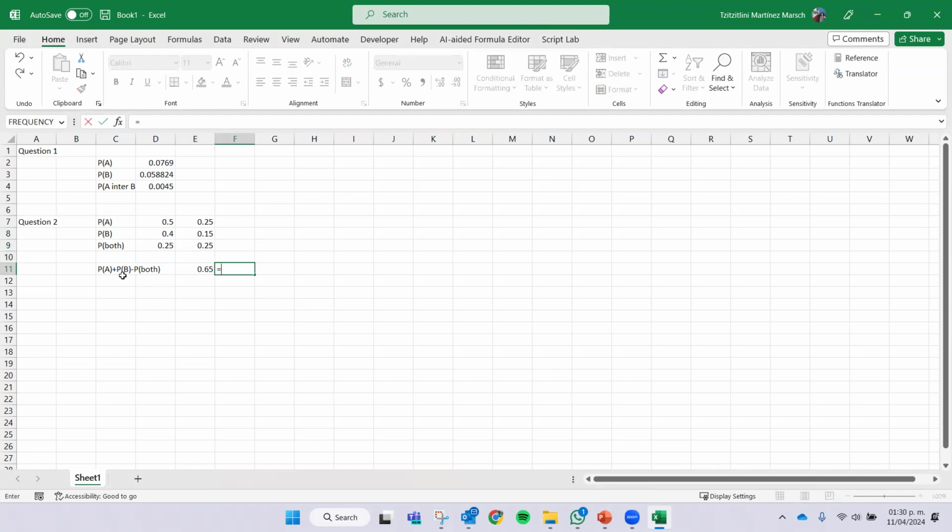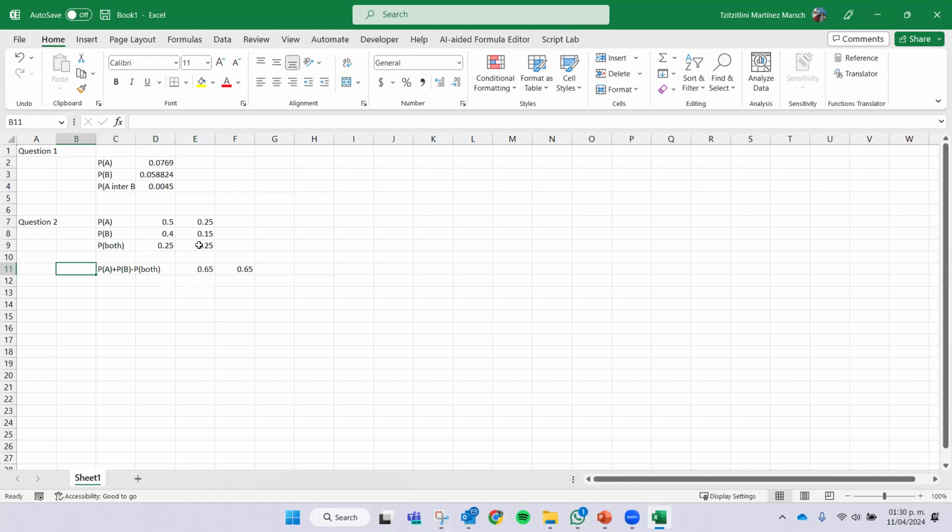If I sum that up, it's exactly the same as this additive law. So use the one that is easier for you. Just make sure that you are not double adding.